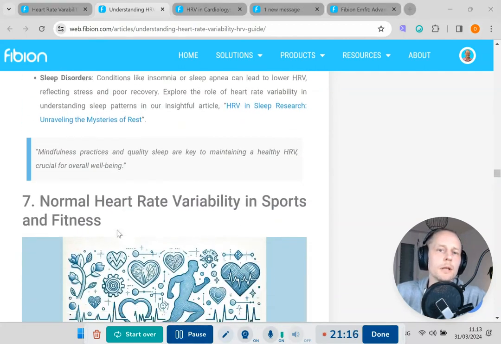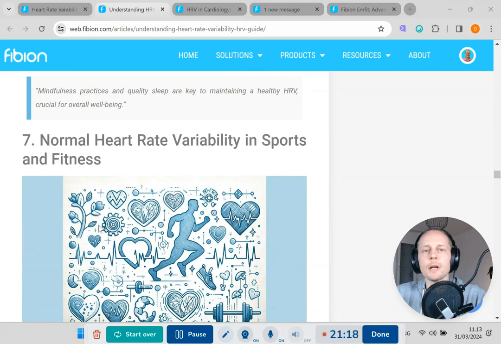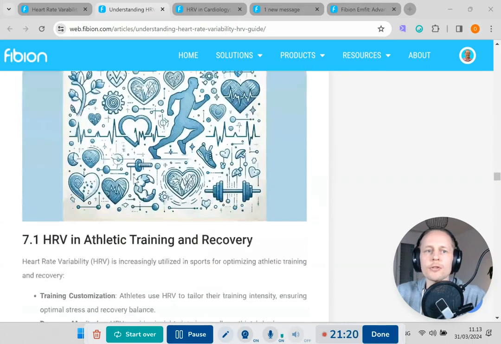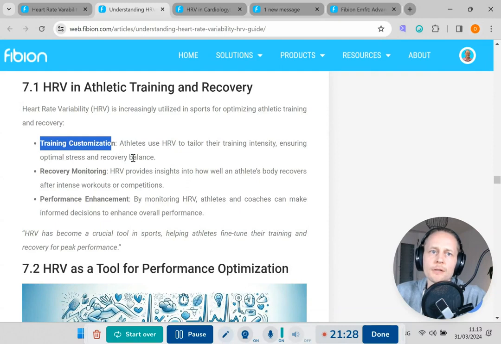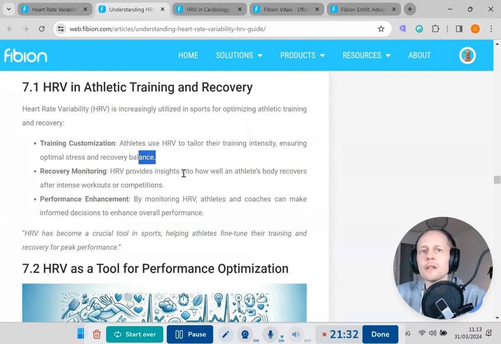And then if we look at heart rate variability in sports and fitness, in athletic training, you can use it for training customization. So athletes can use heart rate variability to tailor their training intensity, ensuring optimal stress and recovery balance.